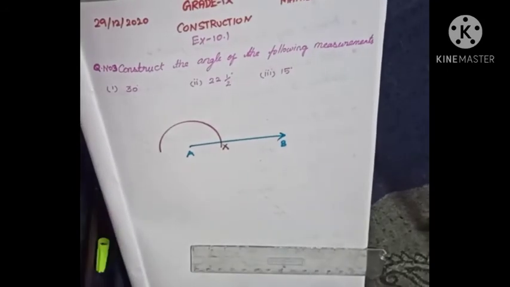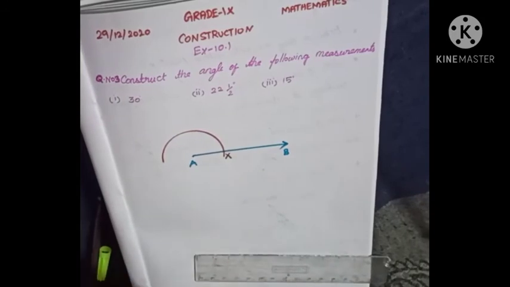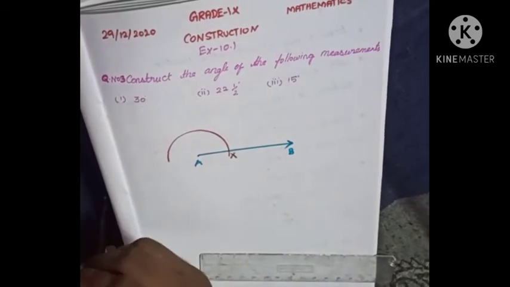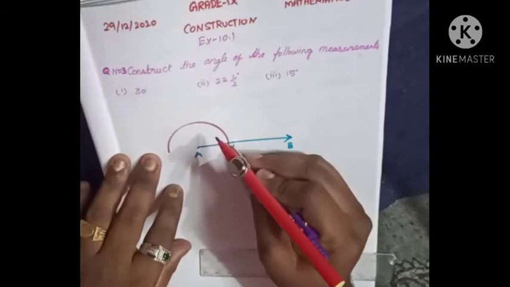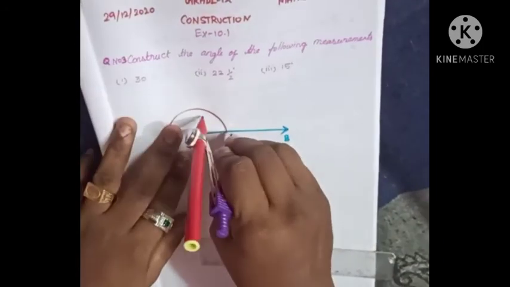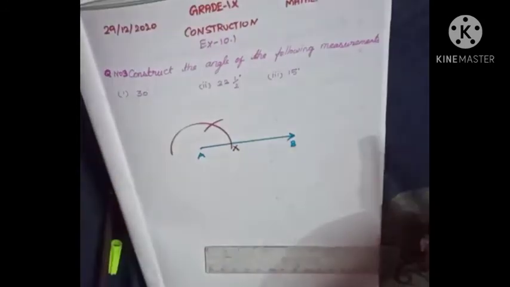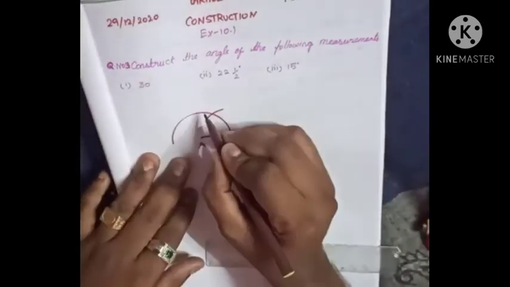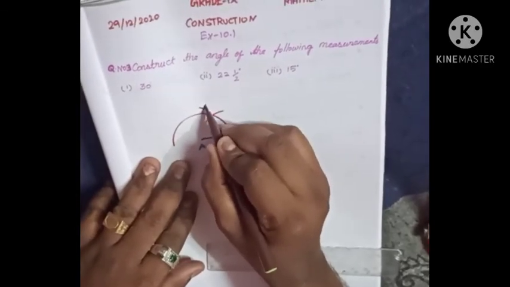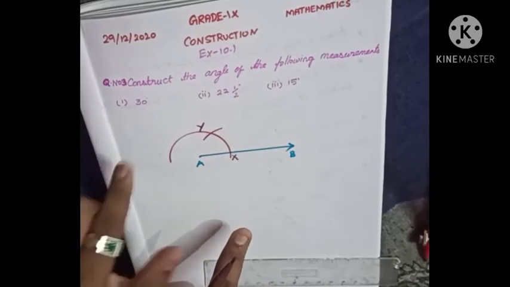Okay, and now next I take that same radius, X as center, and I draw another arc like this. It cuts the previous arc at a point. I will take it as Y. So first I draw the ray and next I draw the basic arc.